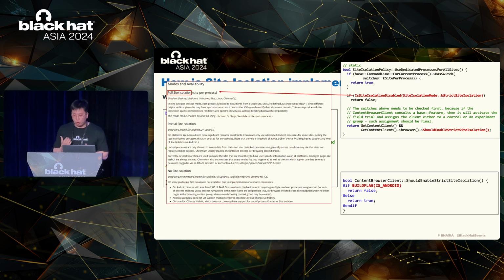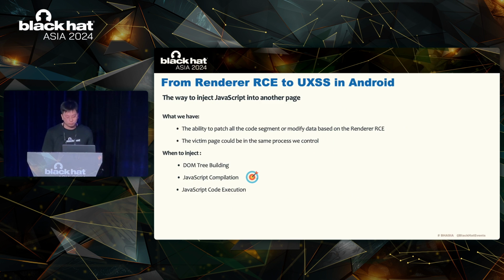The strict mode is only for desktop platforms, so the process will be reused in the partial mode, such as Chrome for Android, and this site isolation mode also applies to all Android platforms, such as WebView. That is to say, we can reuse the same process after navigation in Android.